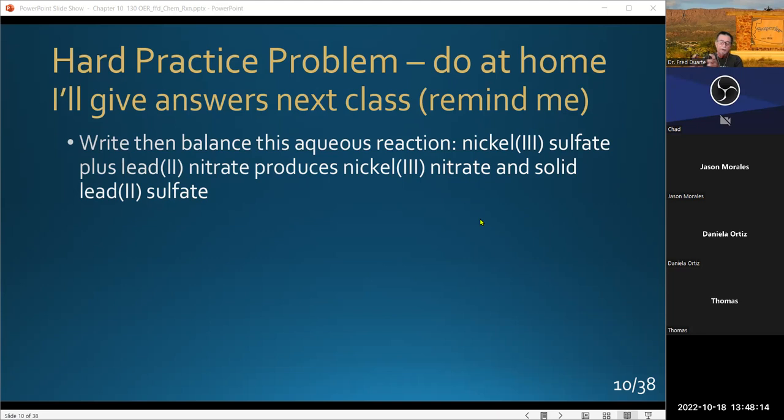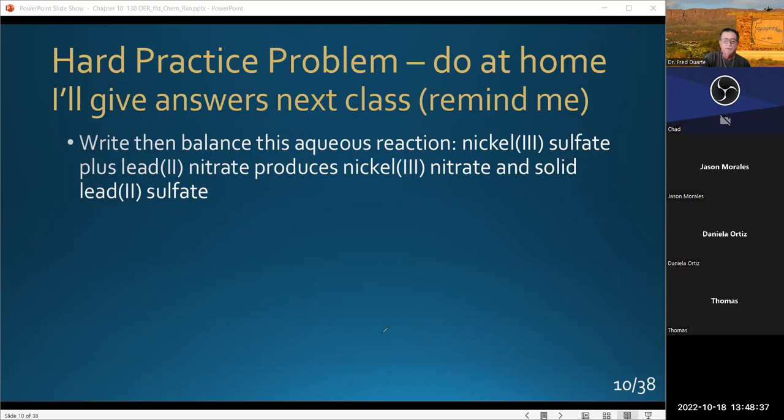If there is one that's insoluble in water as defined by the solubility rules, then we have a positive reaction. If both new products are soluble, then we got no reaction. But let's break it down. And we're going to do it here. We're not going to take it home.